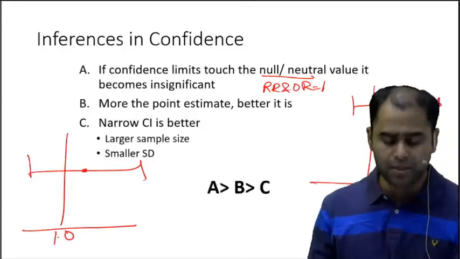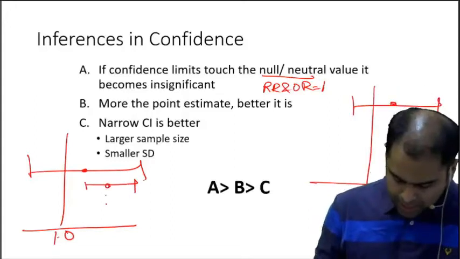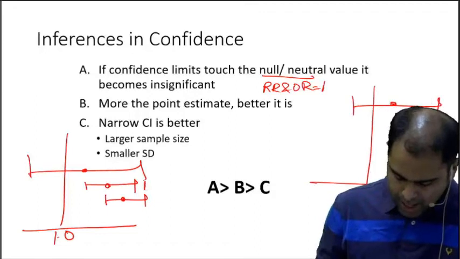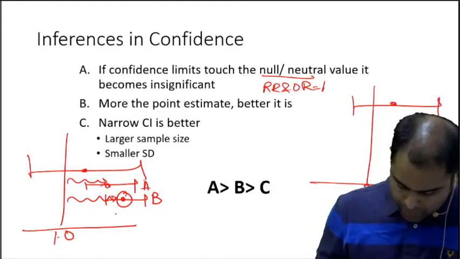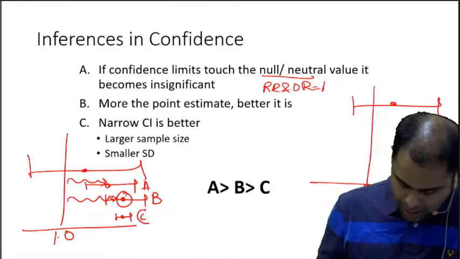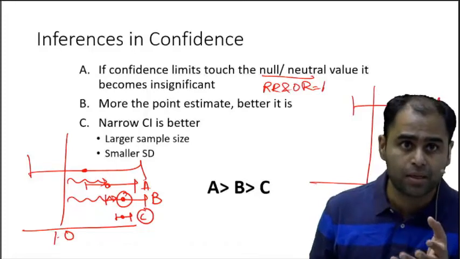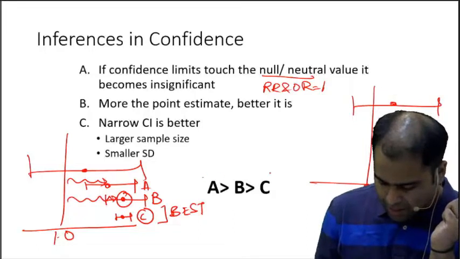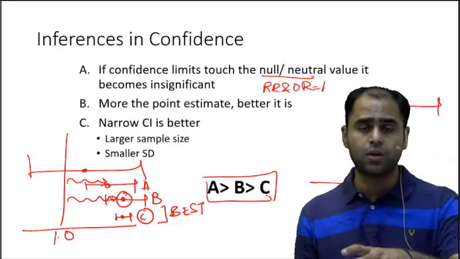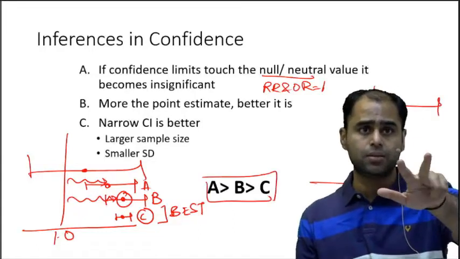More the point estimate, better it is. There are two studies, A and B. B is better because the distance from the point estimate is more. Rule C. Smaller CI, better it is. So the best over here is C. Please remember, you have to apply these rules in a sequence. First A, then B, then C.